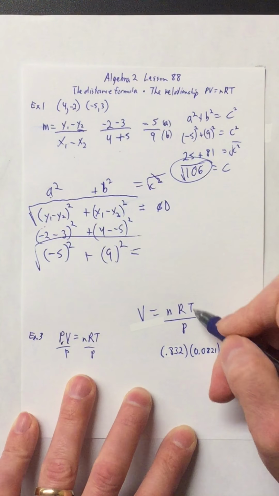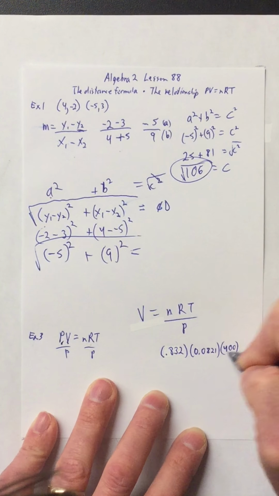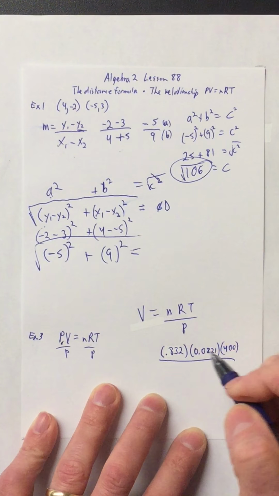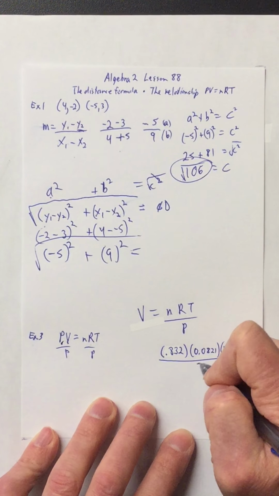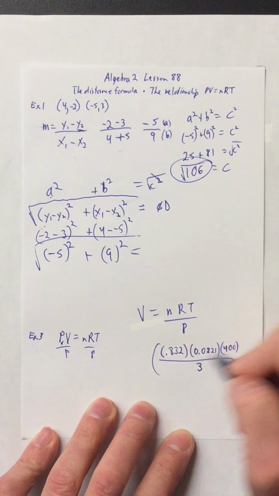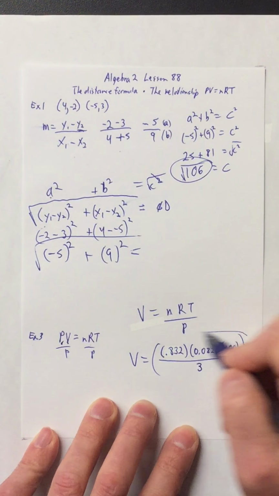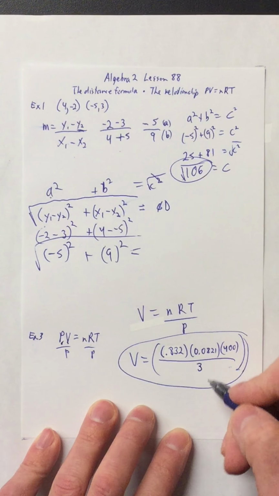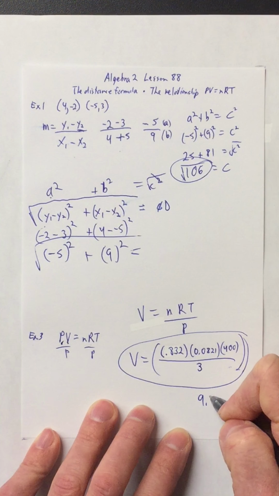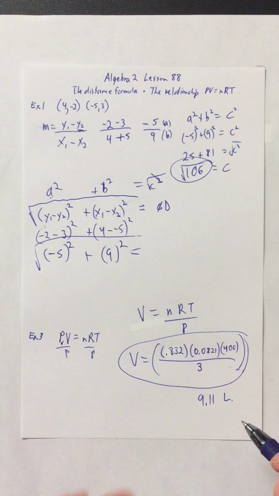And then also on the top we need my temperature. My temperature is 400 kelvins. And then I'm dividing that by my pressure, and it tells me my pressure is 3. So all of that is equal to V, and you can give me your answer in this form. Over in the book, they do multiply it out and get 9.11 liters as an answer.